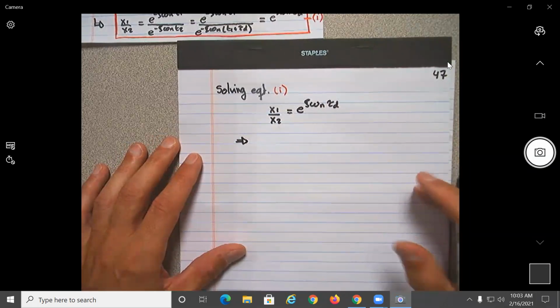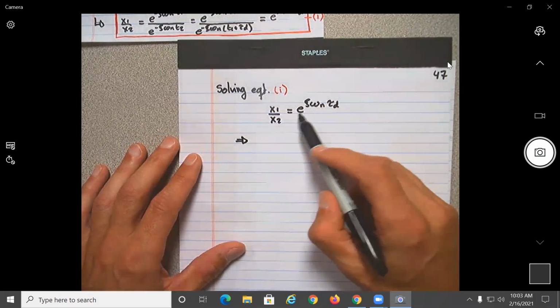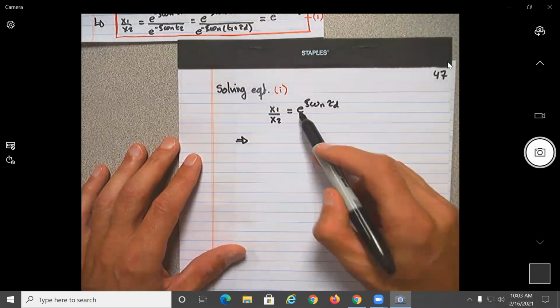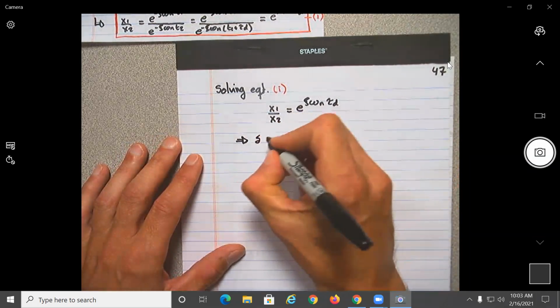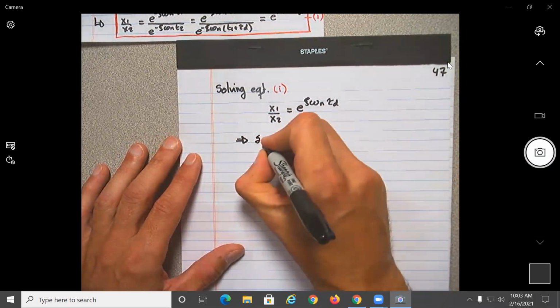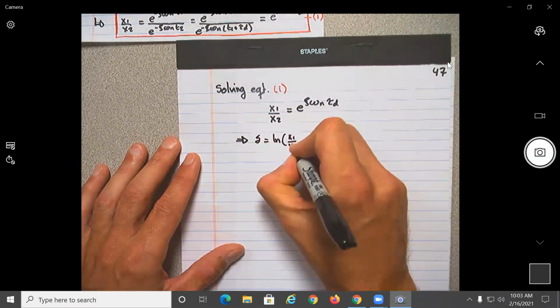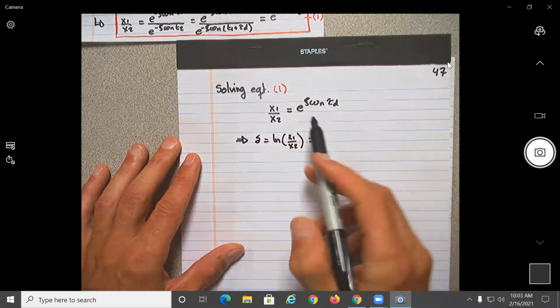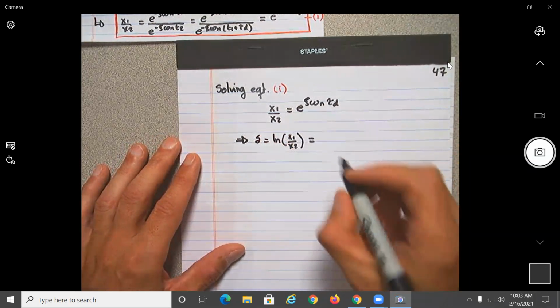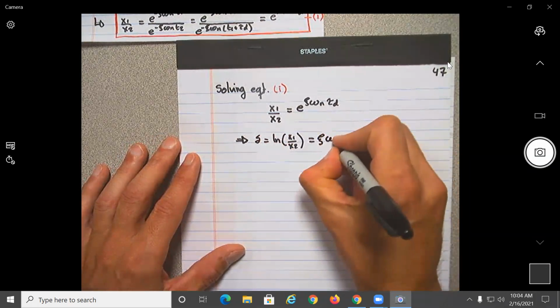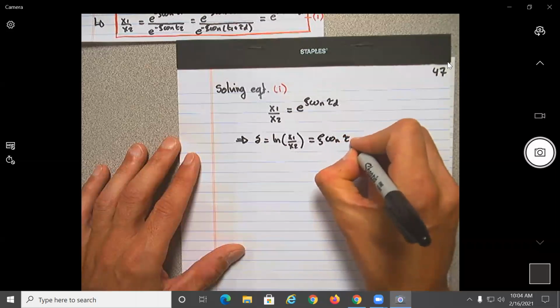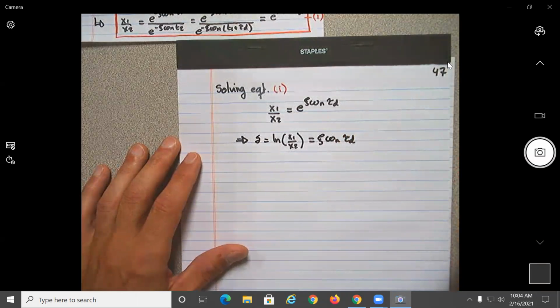How do you solve this equation for the damping? You need to take the log function. So let's say the damping, we call here delta, will be equal to the log of x1 over x2. You take the log of the exponential function, so this would be equal just to zeta omega_n pi_d.